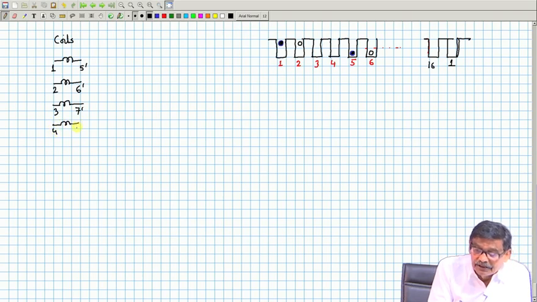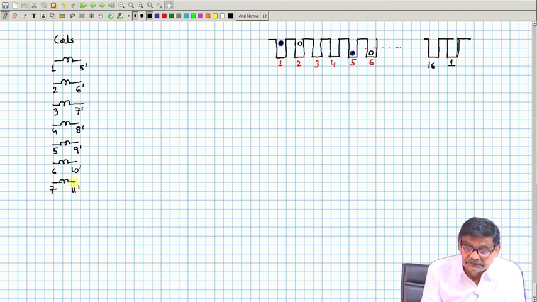Then 4 8 dashed, 5 9 dashed, 6 10 dashed, 7 11 dashed. Okay, there will not be enough space. So, let me draw it here, continue.